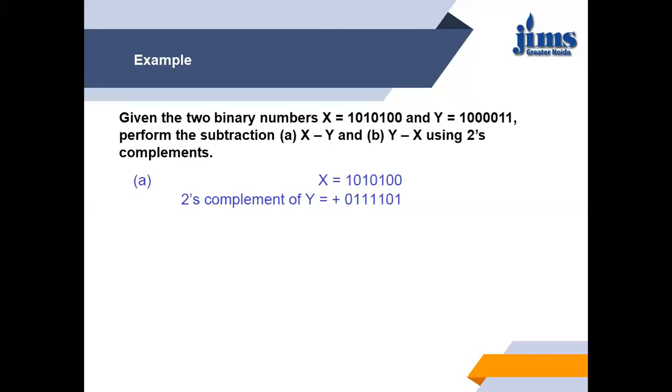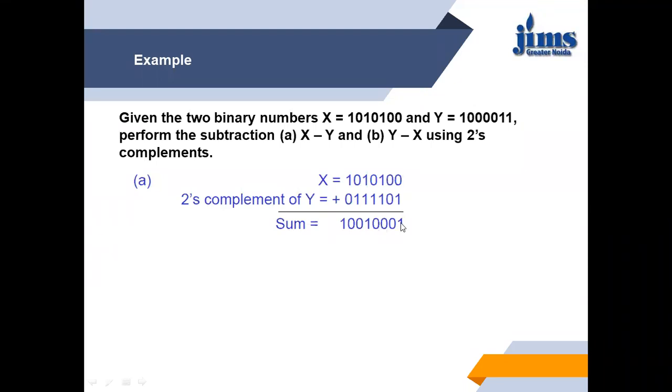This 2's complement is taken by first taking 1's complement and then adding 1 to the 1's complement, and 1's complement is nothing but just changing the bits: 0 is replaced by 1 and 1 is replaced by 0. So we take 2's complement of y, then add it to x, and it results in 1 0 0 1 0 0 0.